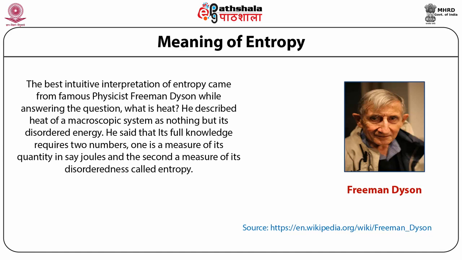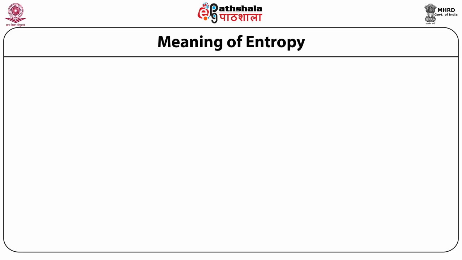He said that its full knowledge requires two numbers. One is a measure of its quantity in, say, joules, and the second is a measure of its disorderliness called entropy. Let us now try to have a feeling of the meaning of entropy quantitatively.